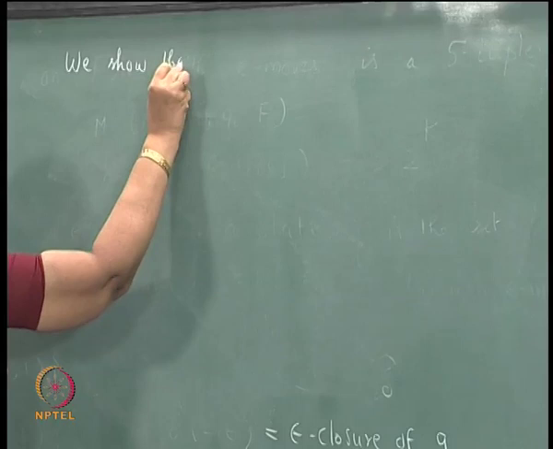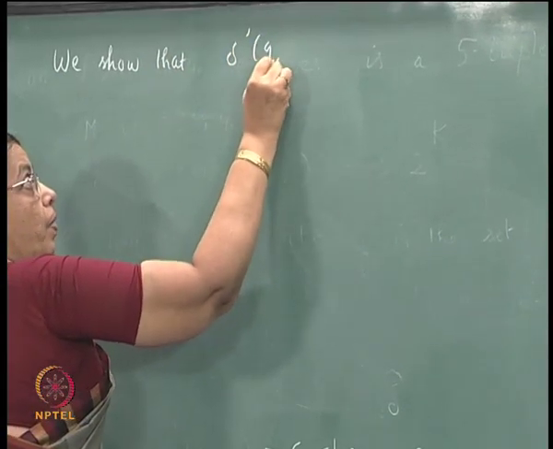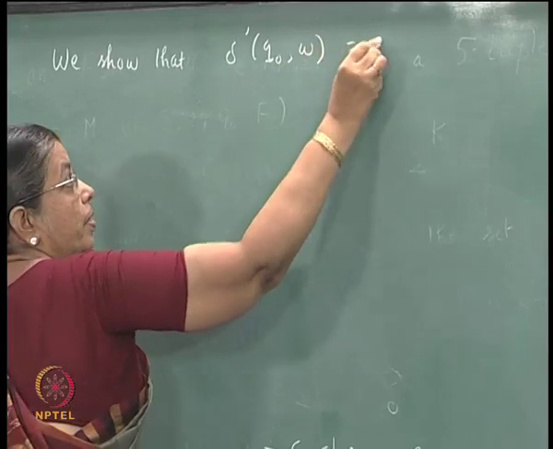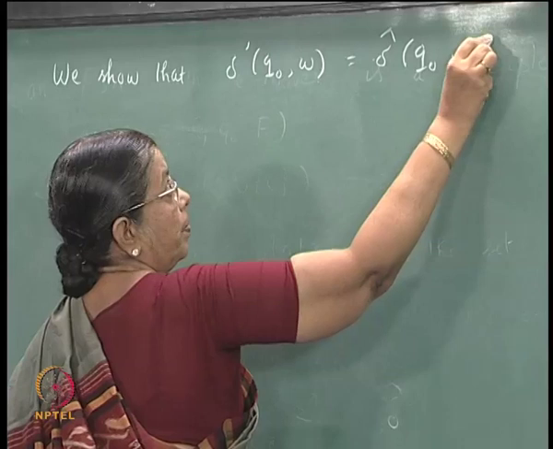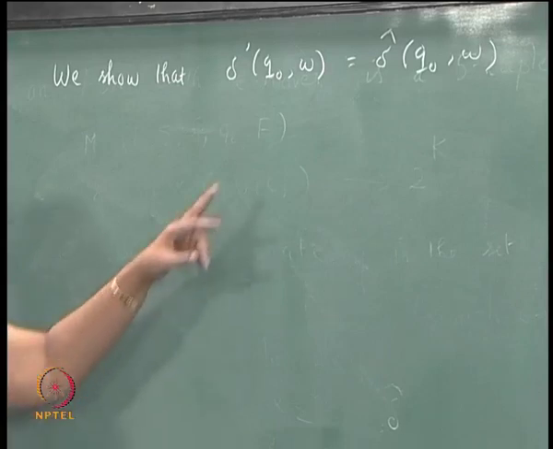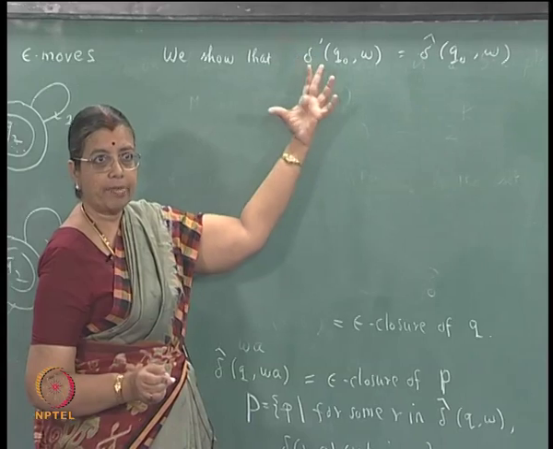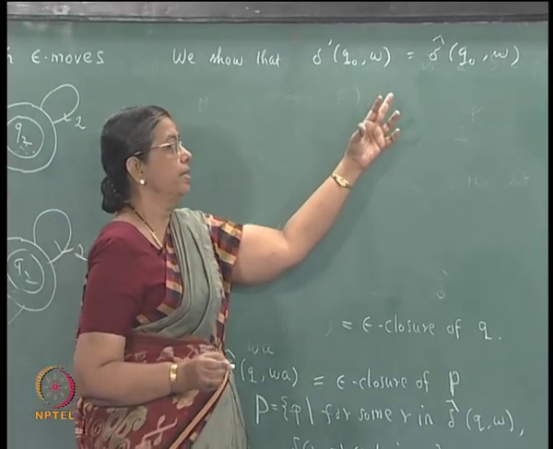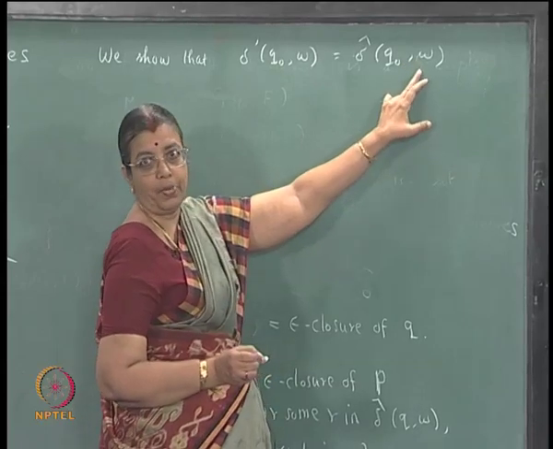We show that delta dash q naught w is equal to delta cap q naught w. In the machine M dash, after reading w starting from q naught, the set of states is the same as starting from q naught in M and reading a string w.